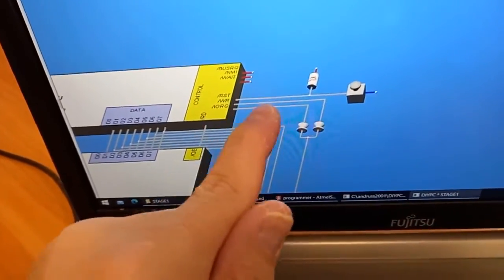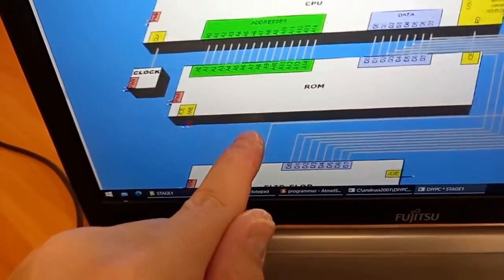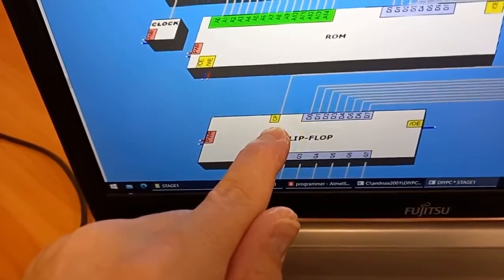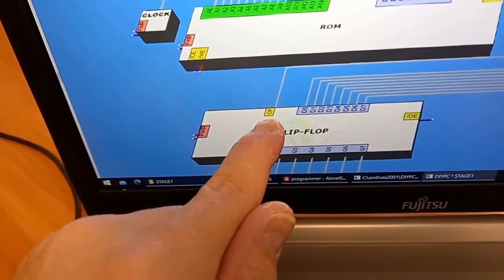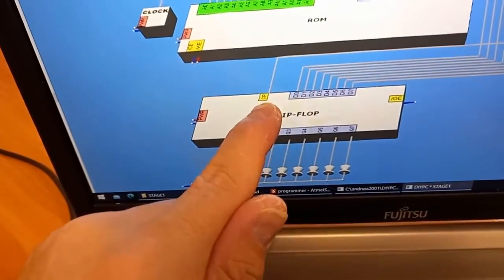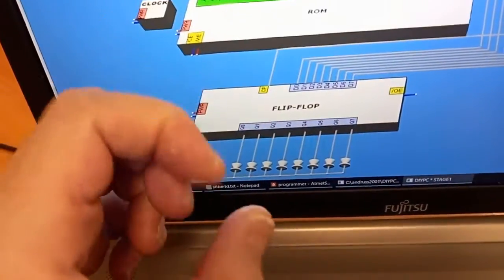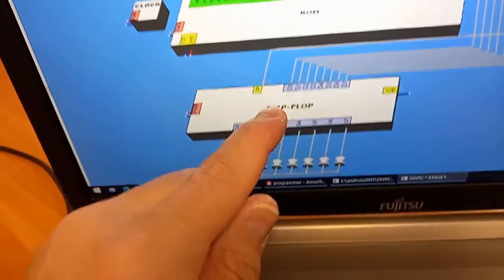Now the CPU pulled them low, and we have 0 here, connected to the clock pin of the flip-flop, and when the flip-flop gets 0 here, that's for it like pressing the capture button of a photo camera.